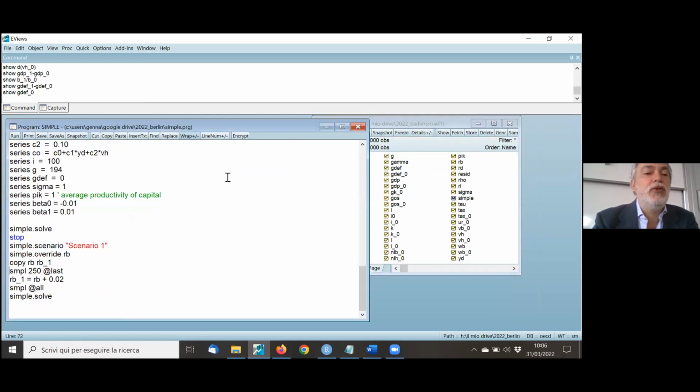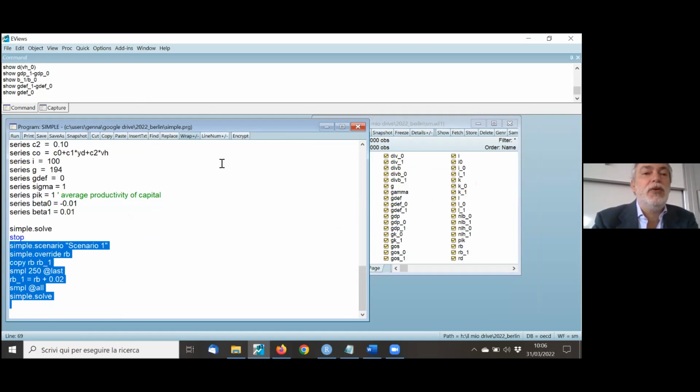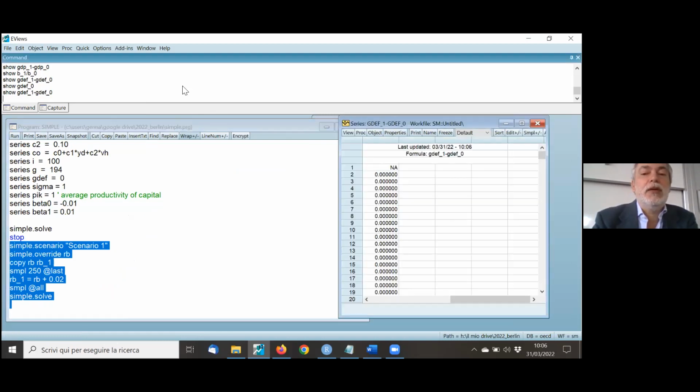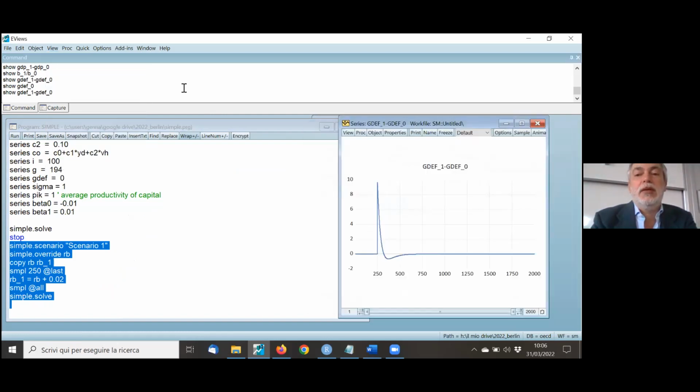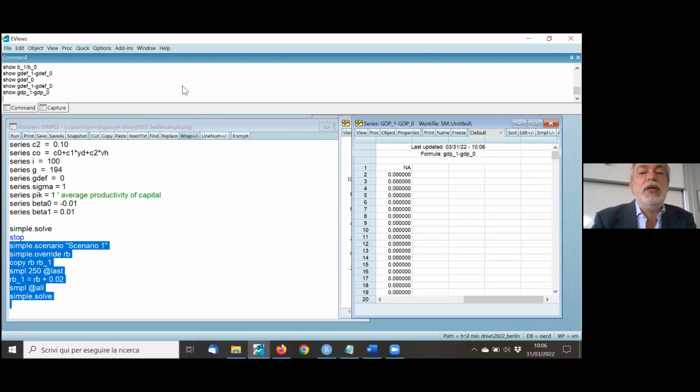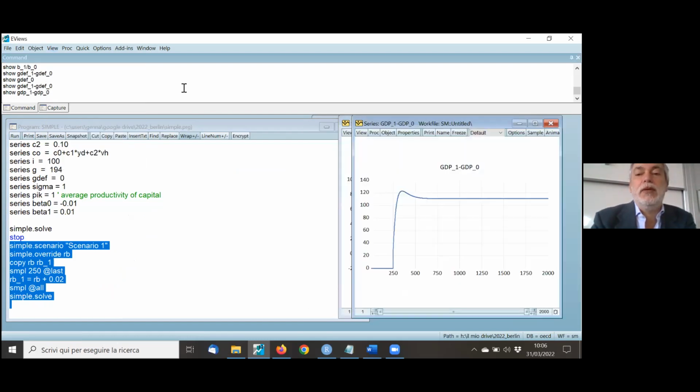So let's redo our exercise of increasing the interest rate. Yes, now the deficit increases first and then drops. So let's look at the impact on GDP. And GDP is permanently higher because of the increase in income, but then stabilizes to a new steady state.